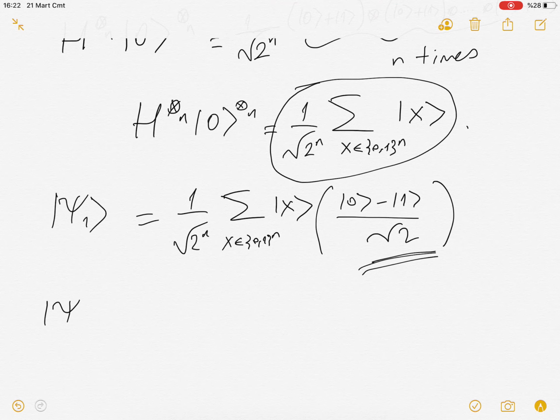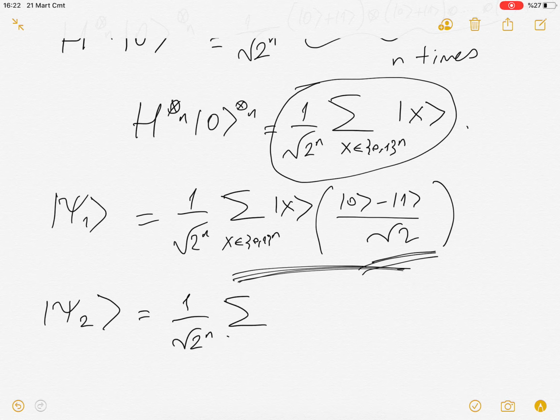So psi 2 can be written as: I'm going to apply Uf on this whole state, and it's going to be 1 over square root 2 to the n, summation of minus 1 to the power f of bold x. The first register will be the same x. The second register will be the same as well because it's going to act as an eigenvector.